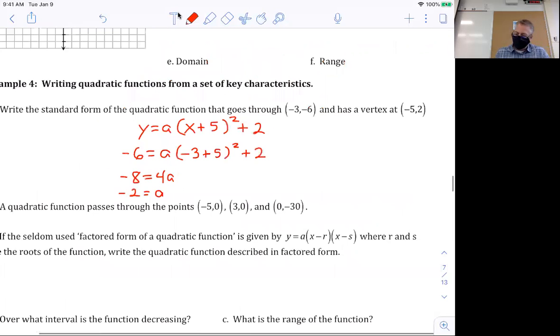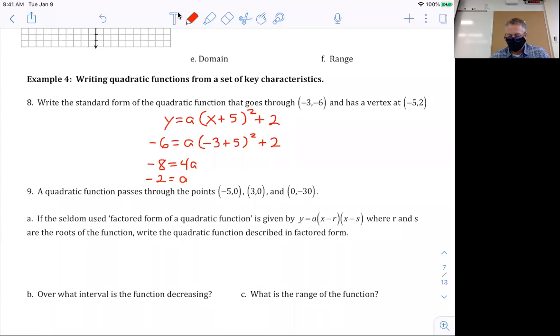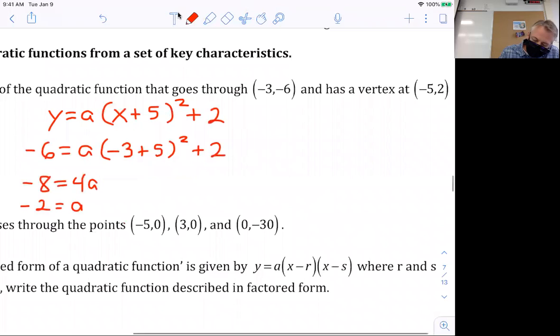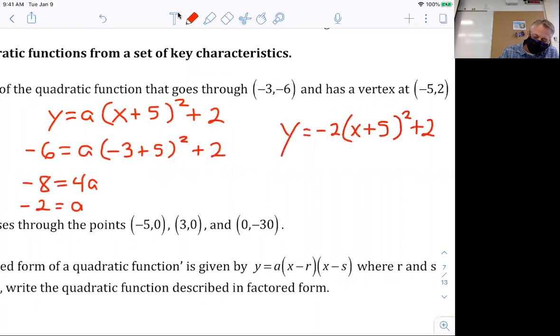And a comes out to be negative 2. And so my answer is y equals negative 2 times x plus 5 squared plus 2.